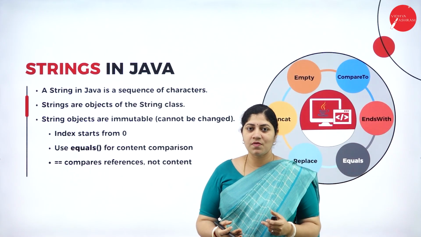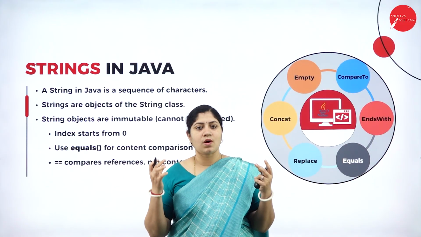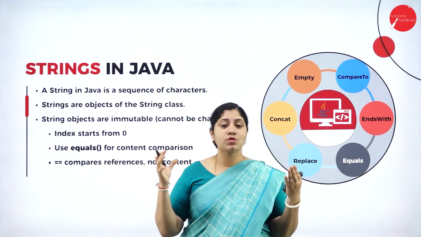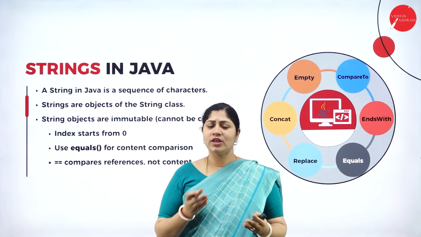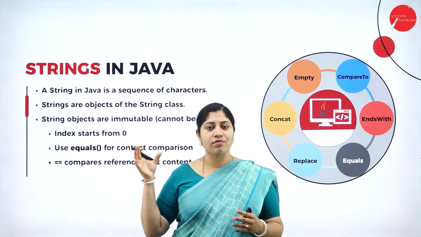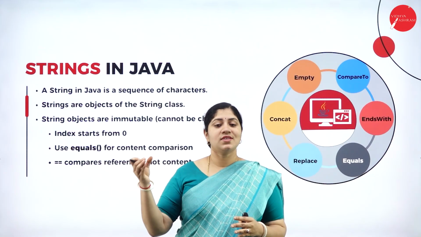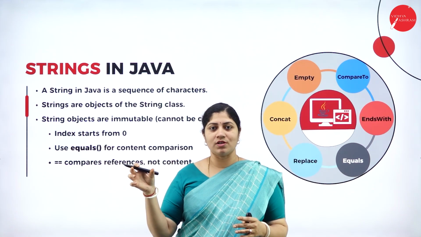All right, let's move forward and understand what a string is. String is an object that holds a sequence of characters. And we can say that strings are immutable, in the sense that once you have defined the string, you can't change it. Thus, it is called immutable.